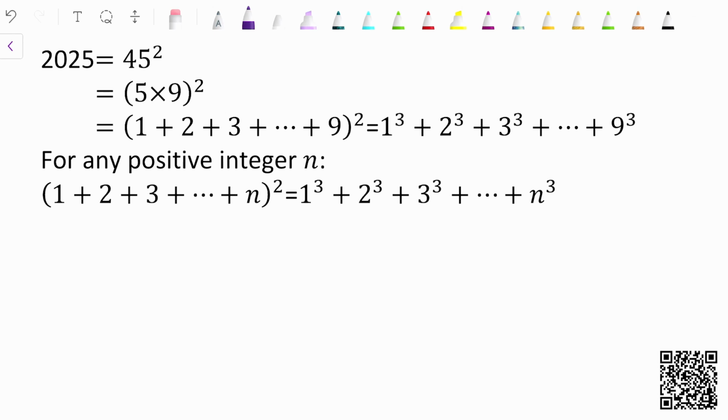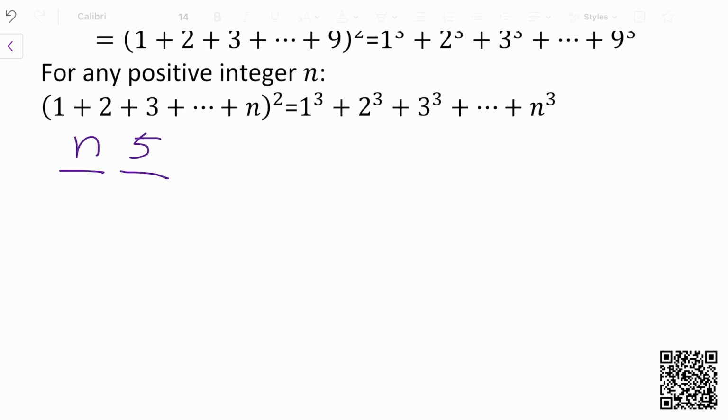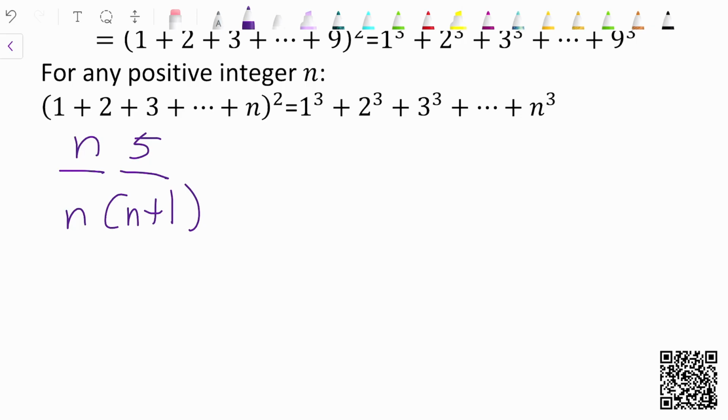What is 45 squared? Let's say that our first digit is n, and the last digit is 5. How do we solve n5 squared, as in digits, not n multiplied by 5? We basically have the formula as follows: n multiplied by n plus 1, and then slap a 25 at the end.